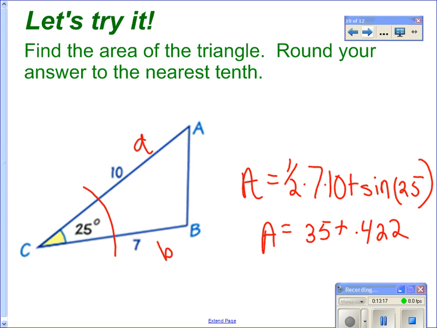And when I add those together, I'm going to get my area to the nearest tenth is 35.4. That's really all there is to it. So you just have to remember the formula, 1/2 A times B, which are the length of the sides, plus the sine of 25.